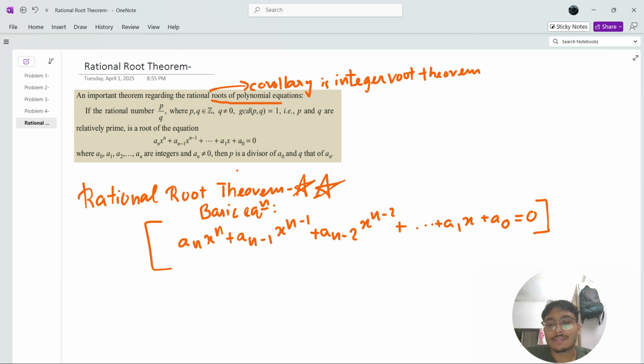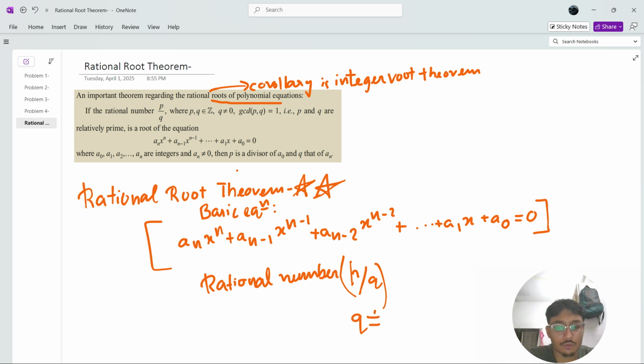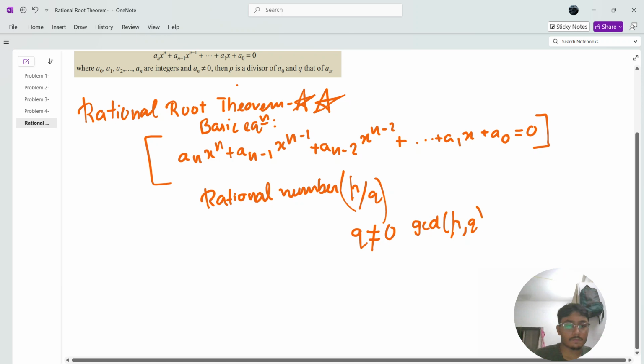We are given a rational number p by q, where, as rational numbers are defined, q shouldn't be equal to 0, and GCD of p comma q should be 1.